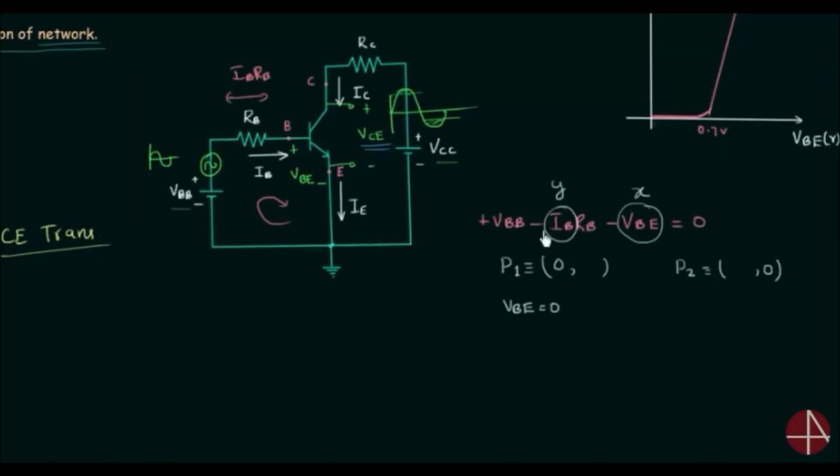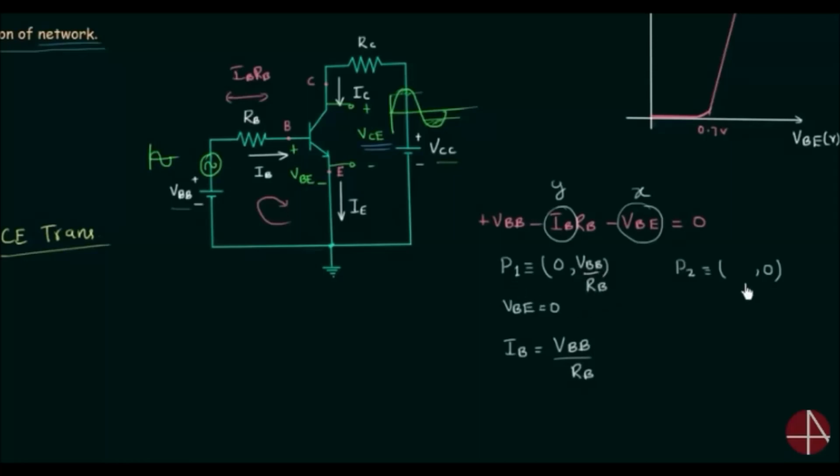We can easily calculate it using this equation. When VBE is equal to 0, IB is simply equal to VBB divided by RB. So the y coordinate is VBB divided by RB for the first point.